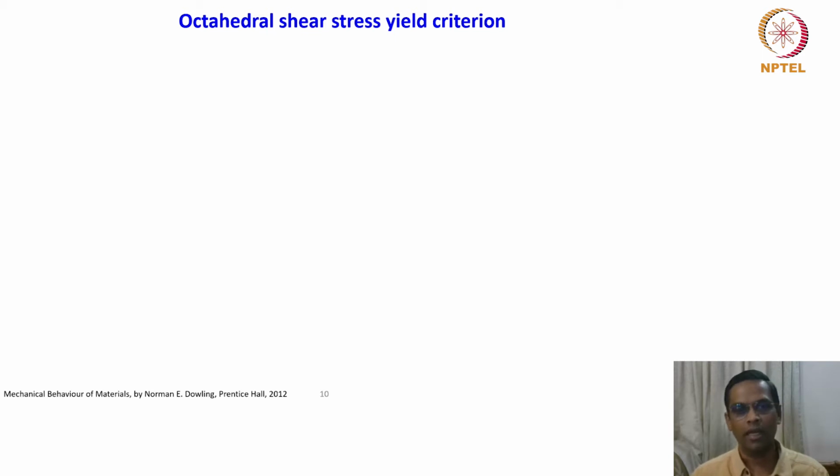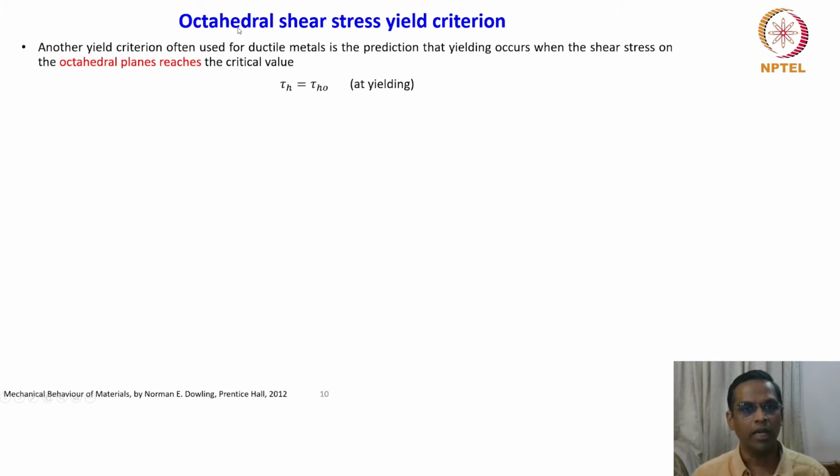See, the other shear stress yield criterion for ductile material is the octahedral shear stress yield criterion. Okay. So what does it say? Another yield criterion often used for ductile metals is the prediction that yielding occurs when the shear stress on the octahedral planes reaches a critical value: tau h is equal to tau h naught at yielding.